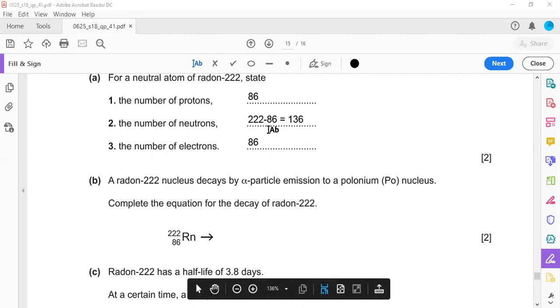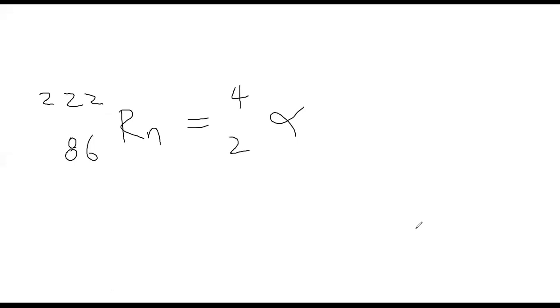So we have 222 over 86, which is radon. It is alpha decay, which means your alpha particle is going to be 4, 2, the same thing as a helium nucleus, plus polonium.